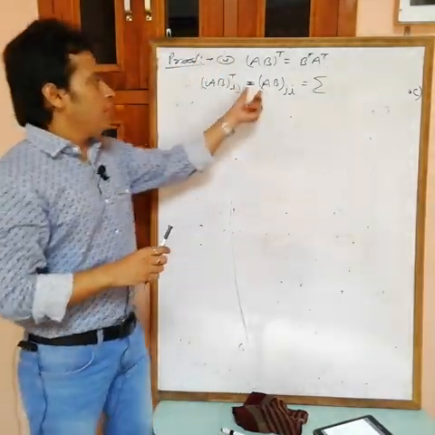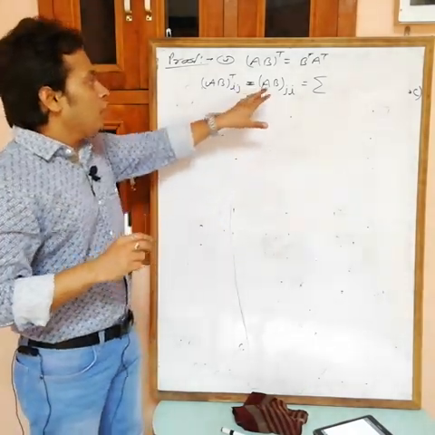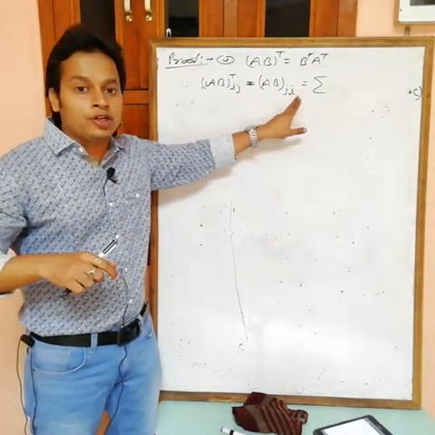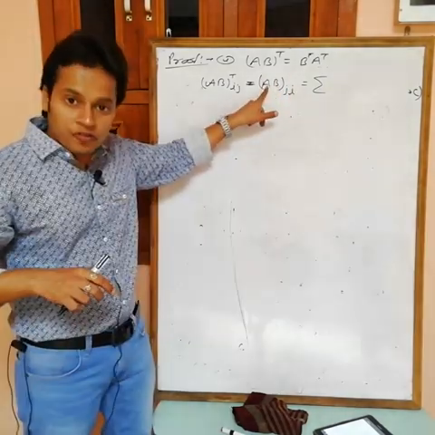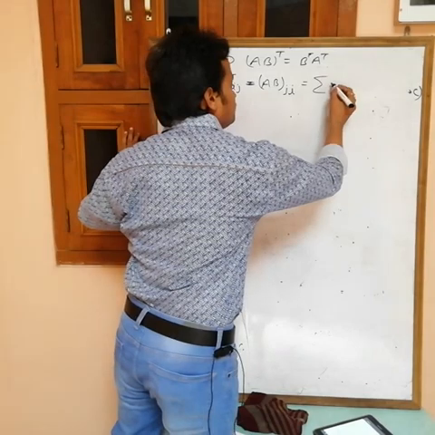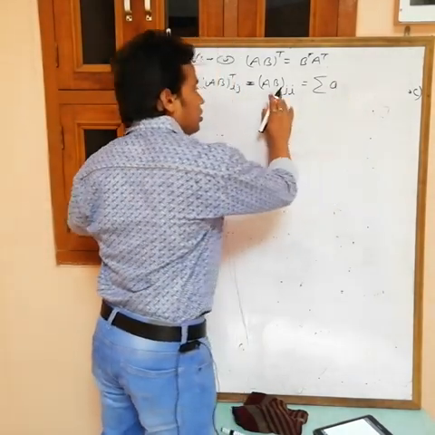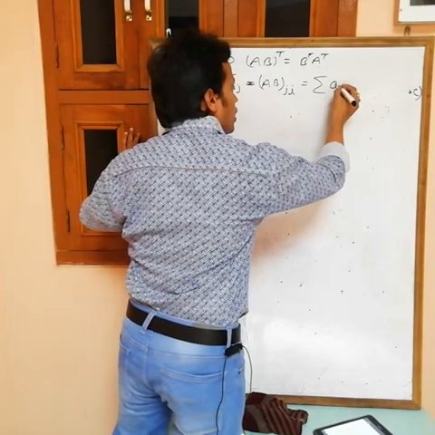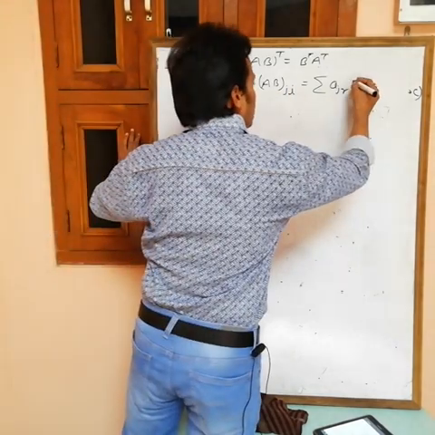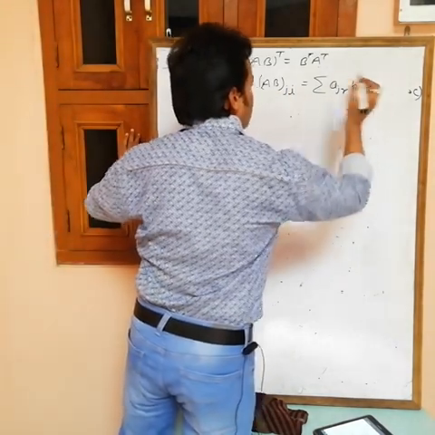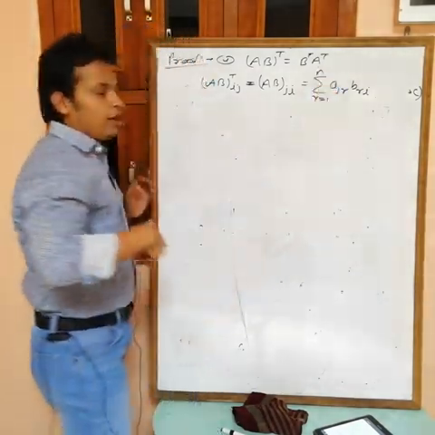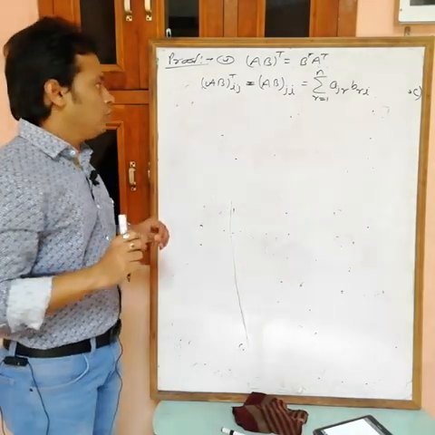A into B is the product matrix, and to get the jith element of the product matrix, we have to multiply the jth row of A with the ith column of B. So this is equal to the sum of A jr into B ri, where r equals 1 to n, where A and B are both of the same order, n.